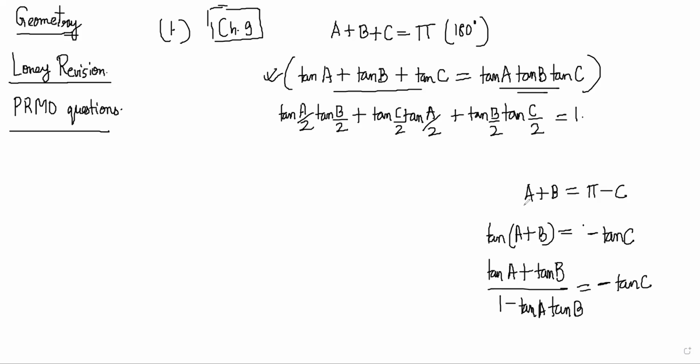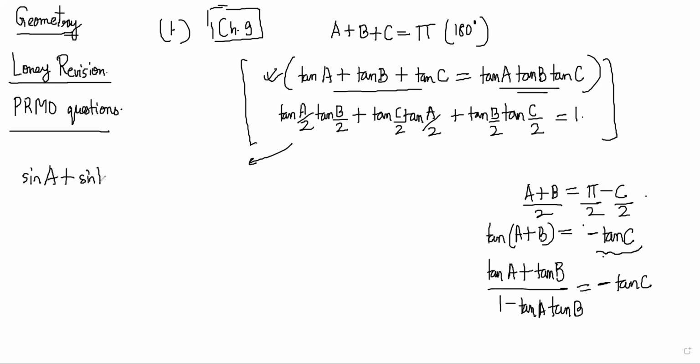Same steps you follow except do by 2, and it will become the second one. This step will become cot, right? Tan 90 minus C by 2 will be cot. These two are important.